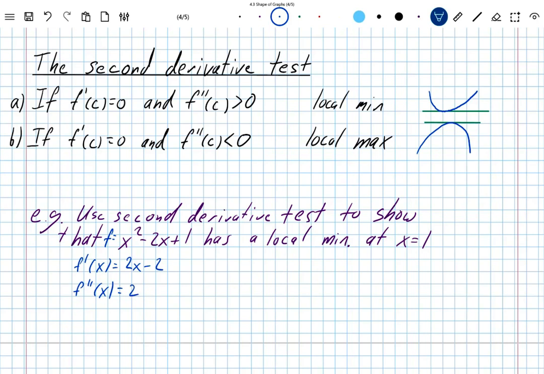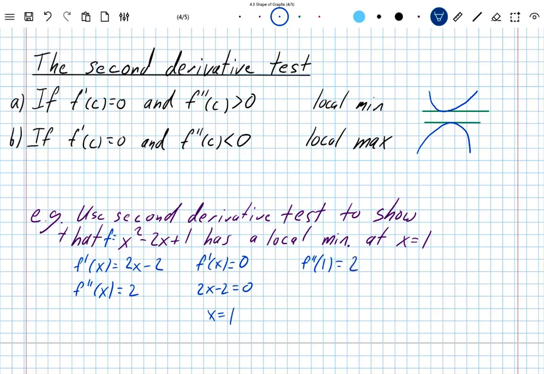Well, to use this test, I need to know when is that first derivative 0. That is saying when is 2x minus 2 equal to 0. So I have a horizontal tangent line at solving this. I get x equals 1. Cool. And now I want to know if I plug in 1 into my second derivative, what do I get?